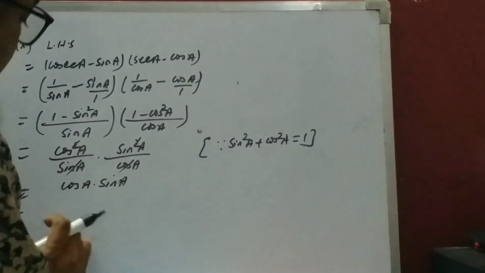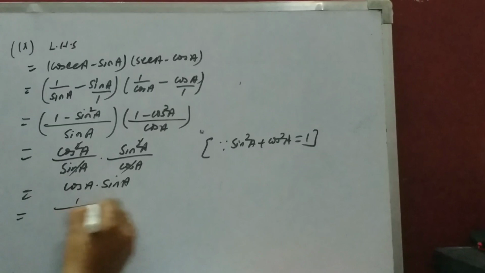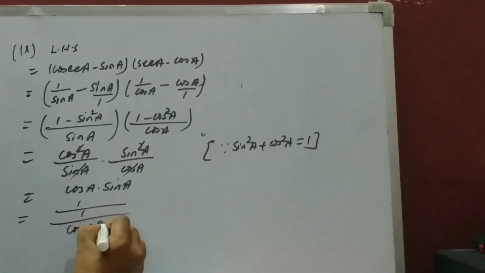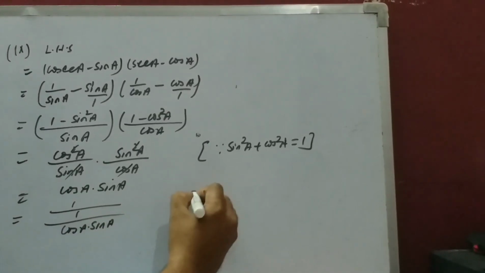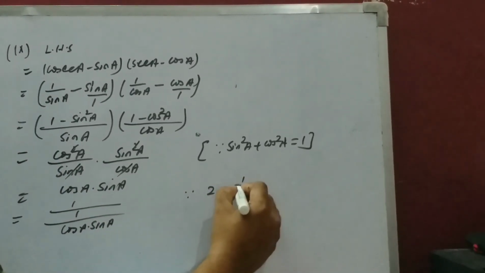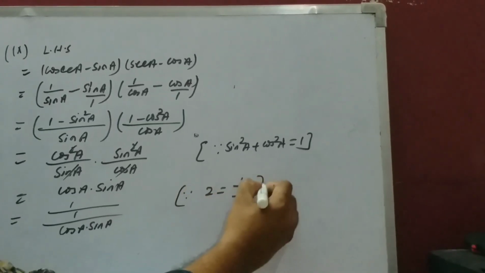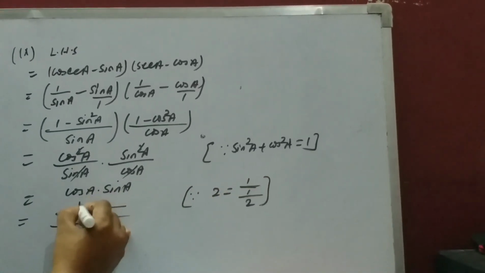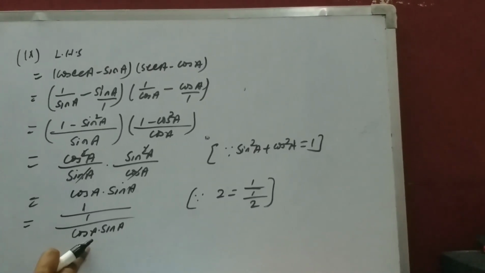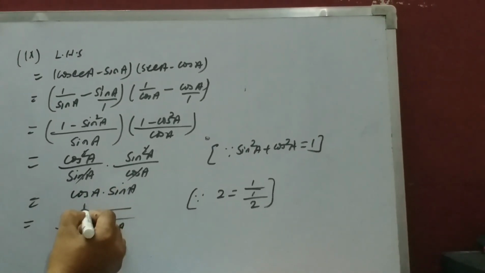Now this can also be written like this, cos A into sin A. This is the main fraction, and this is the demand. I have written as per the requirement of RHS, because in RHS 1 is written here.